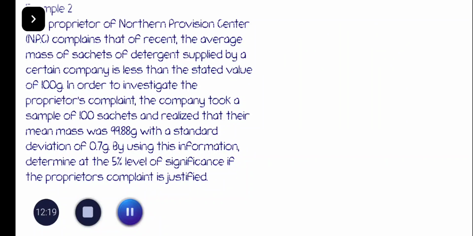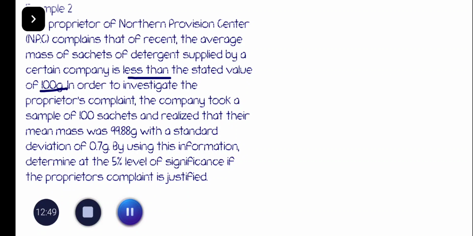Let's look at another example here. The proprietor of Northern Provision Center complains that of recent, the average mass of sachets of detergent supplied by a certain company is less than the stated value of 100 grams.